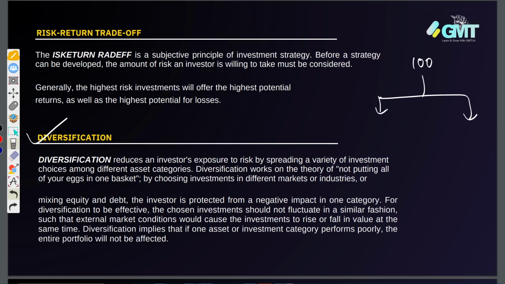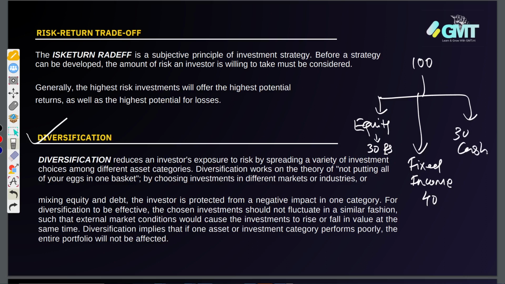So it depends on you how you want to invest, correct? You can invest in equity because equity is a risky one, as I said. So you can invest, let's say, 30 rupees in equity. Fixed income, where they offer coupon payments and all, so you can invest 40 rupees in fixed income. And let's say the remaining 30, maybe you can carry as cash if you want.